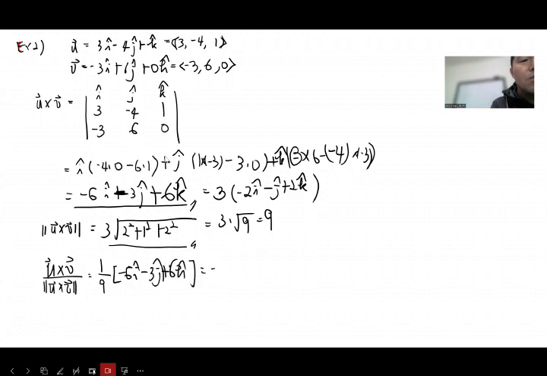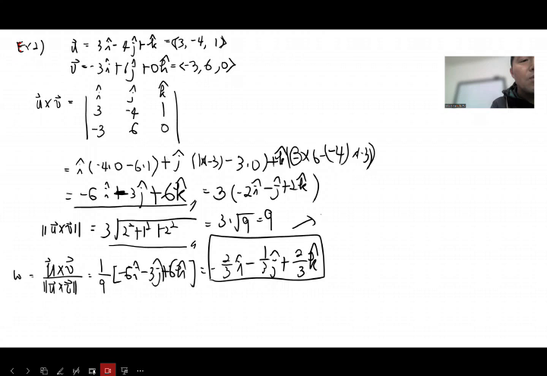So that is minus 2 over 3 i minus 1 over 3 j plus 2 over 3 k. That is the unit vector, let's see, that is w. The unit vector w, which is orthogonal to the v.